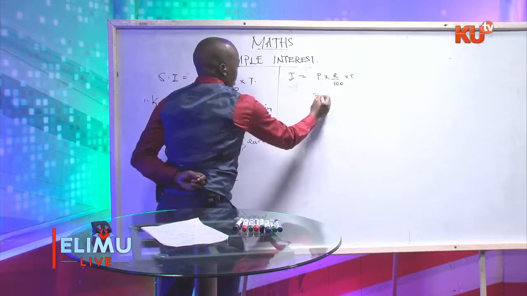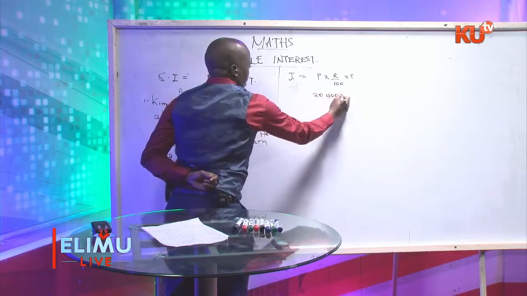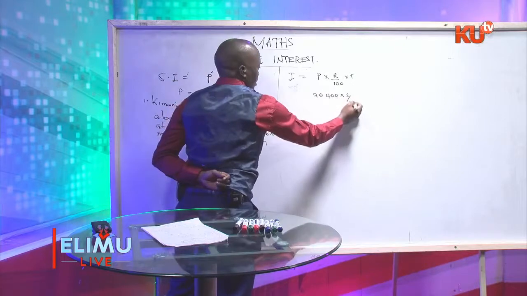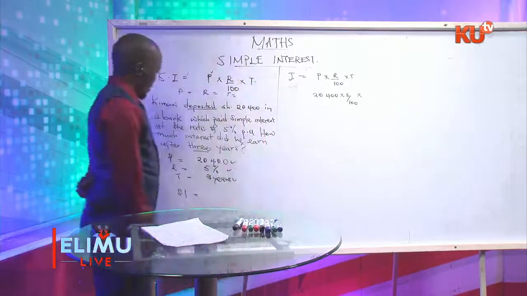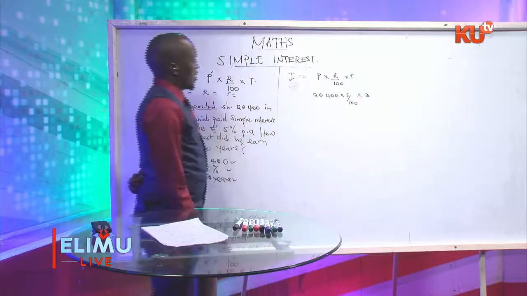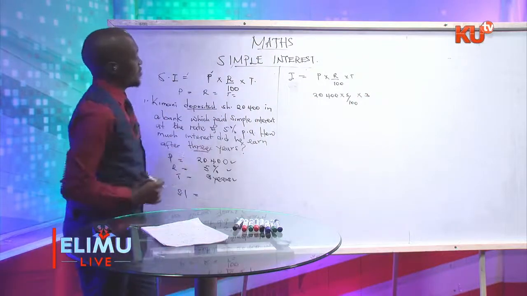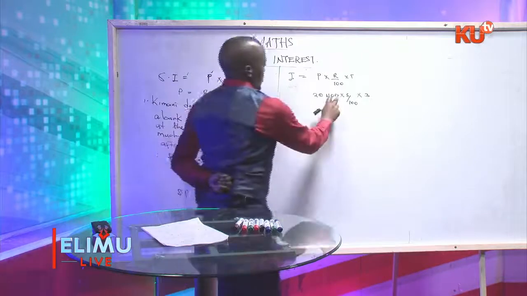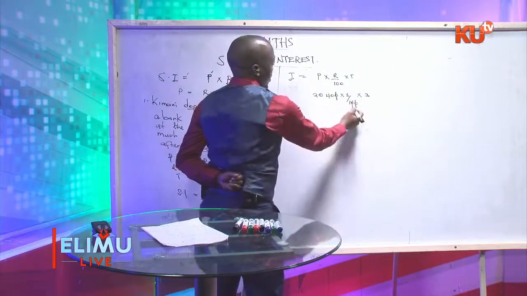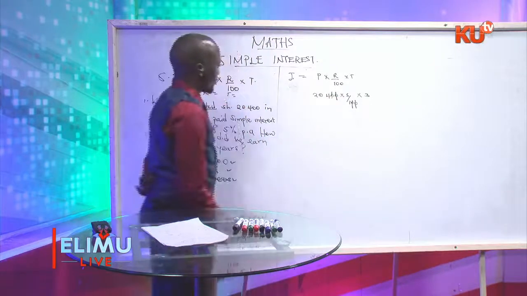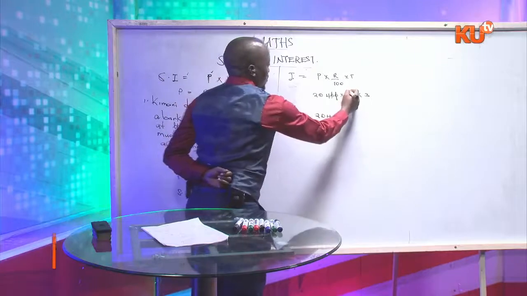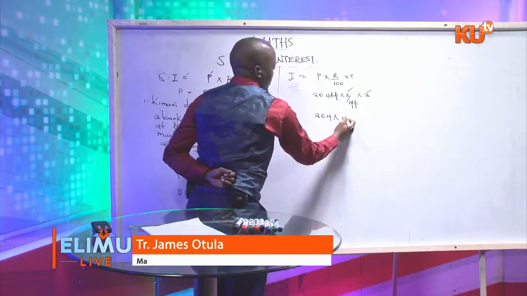We take 20,400 times rate, that is 5 over 100 times time. The time is 3 years. Then you simplify whatever is given here. We can say that this 0 will cancel with this 0. This one will cancel with this one. Then we take 204 times 5 times 3 is 15.